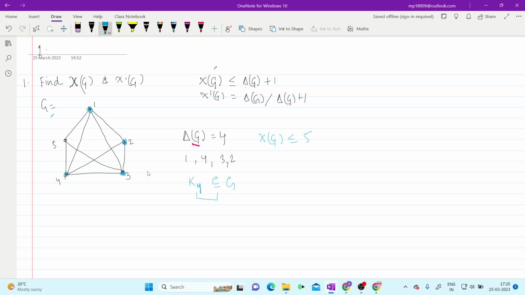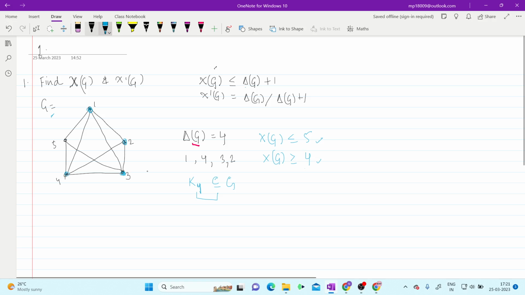But since K4 is sitting inside G, we also know that the chromatic number is greater than or equal to 4. So for chromatic number also we have just two possibilities. It can be either 4 or 5.